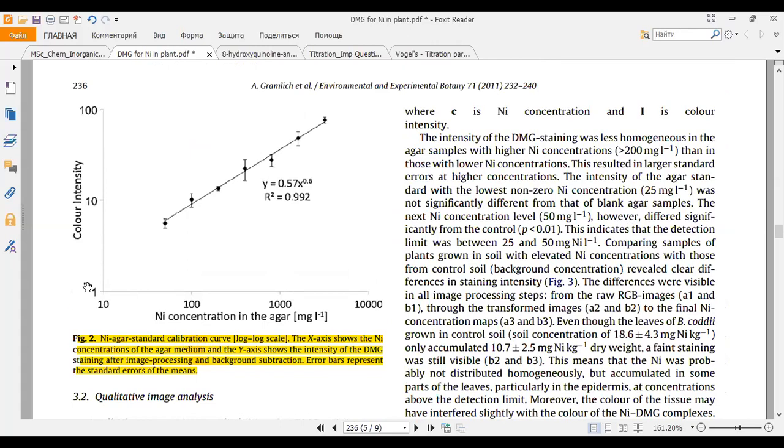If you see these types of graphs, then it is saying it is on the log scale. You can have only one log scale, either on the x-axis or the y-axis. However, in this one, it is both log. The x-axis is also log scale and the y-axis is also log scale.